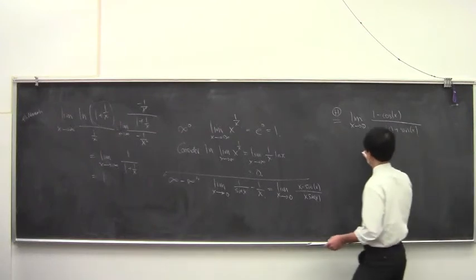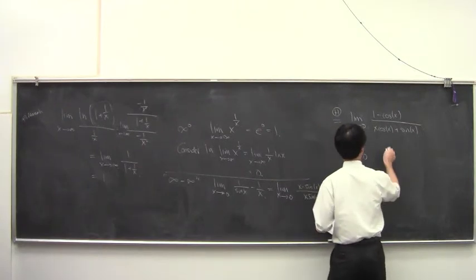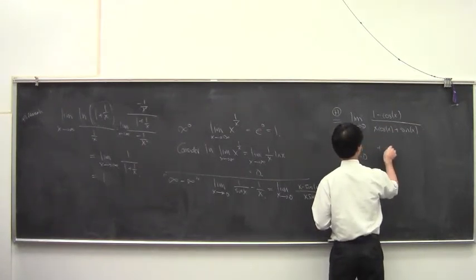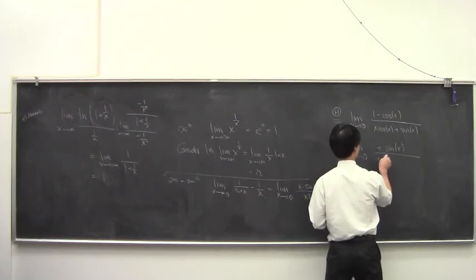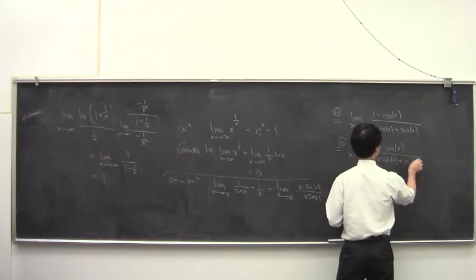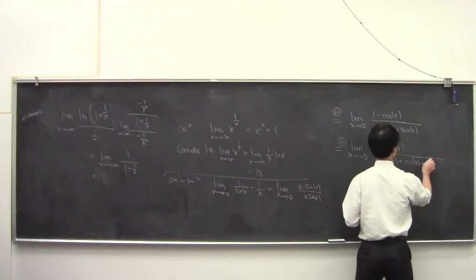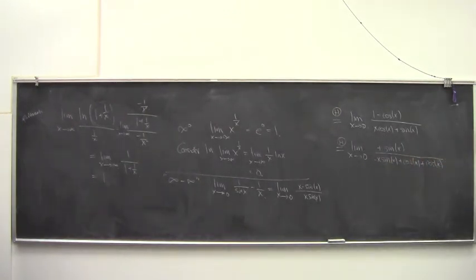So again, we need to apply L'Hopital's rule to it. You end up with sine x over the derivative of the bottom, first times the derivative of the second, plus the derivative of the first times the second. And you see what happens? You get 0 over 2.